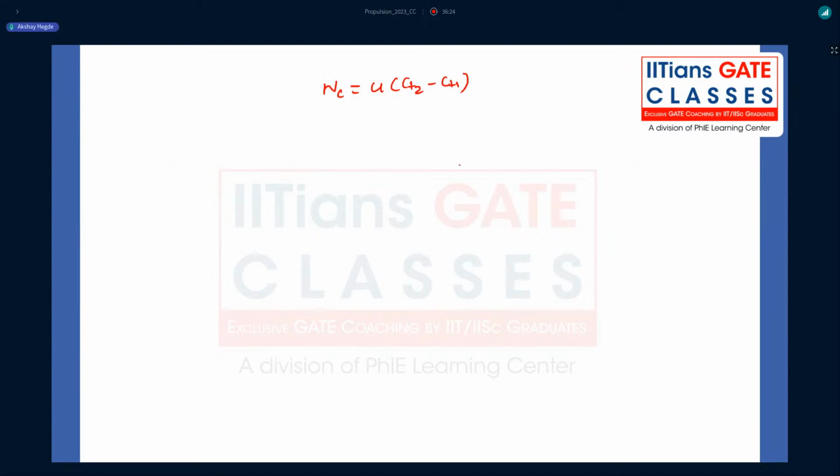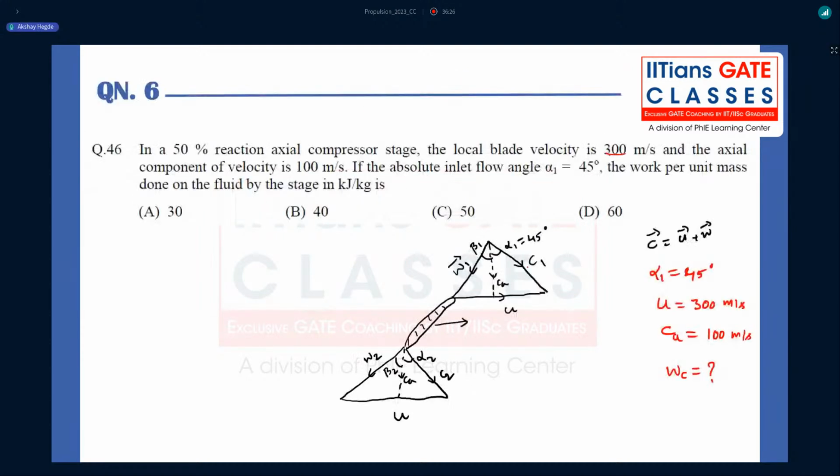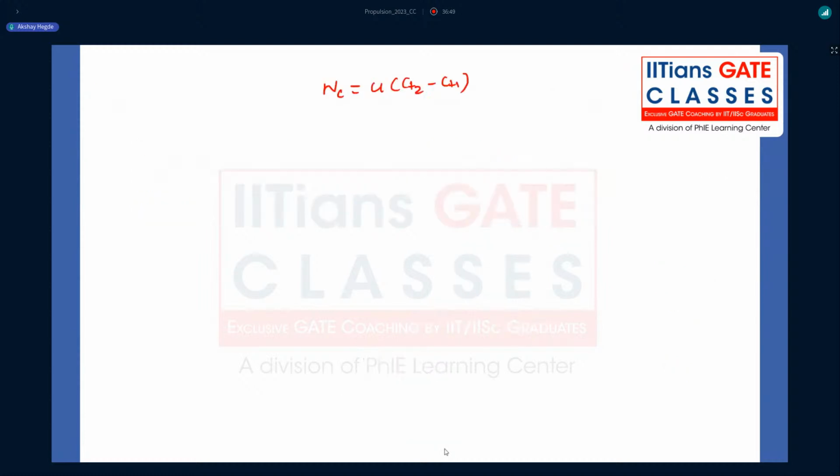So if I look at this diagram very carefully, I can see this is my tangential component CT1. This is my tangential component CT2. So as the fluid passes through this rotor, how much the tangential component of velocity is changed quantifies the work done. That means the rate of change of momentum. That's the meaning of that, right? So CT2 minus CT1.